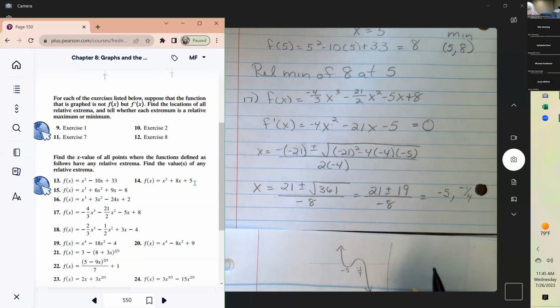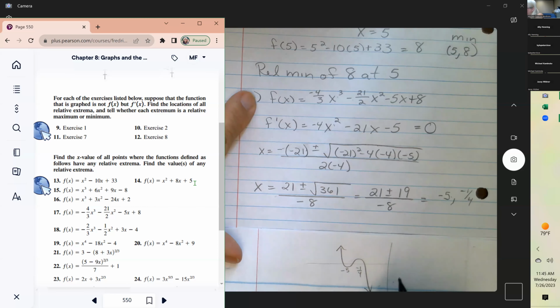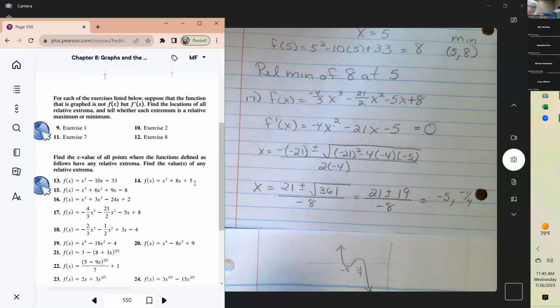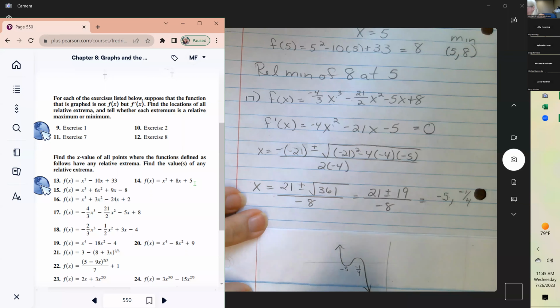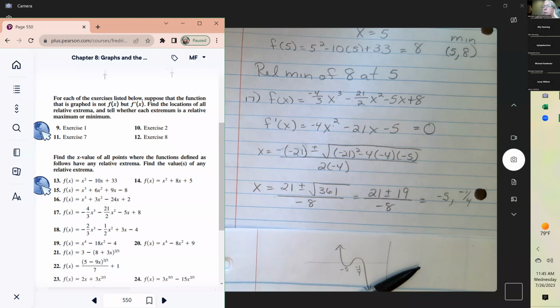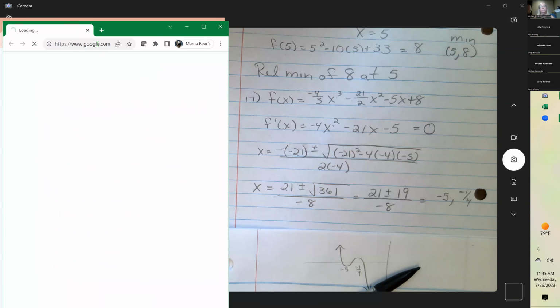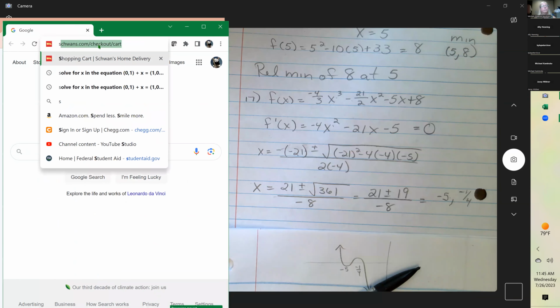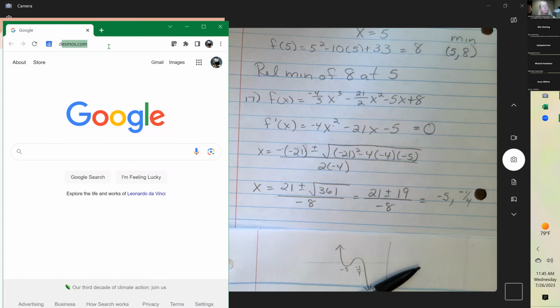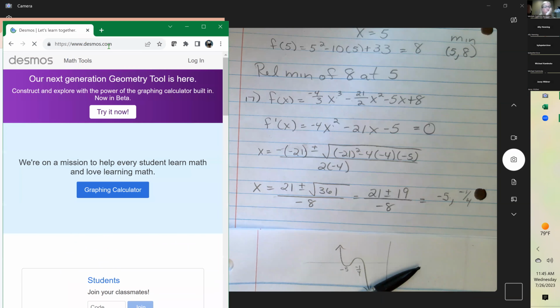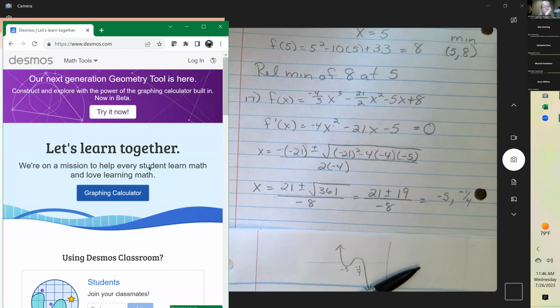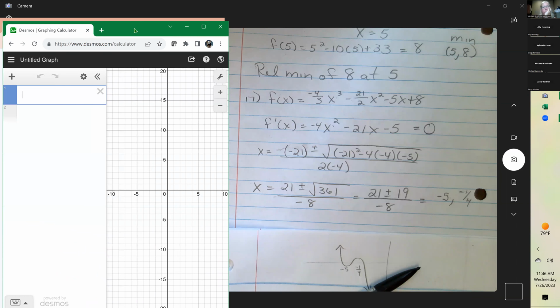And to find the y values, we plug it into the equation. You know what, let's graph it. You want to plug in the original.